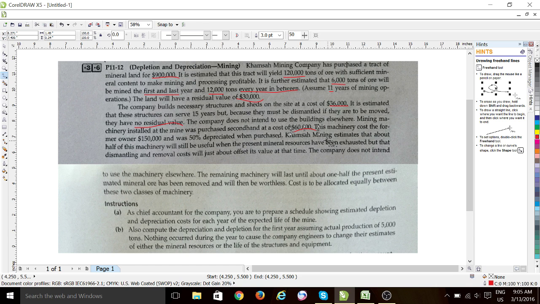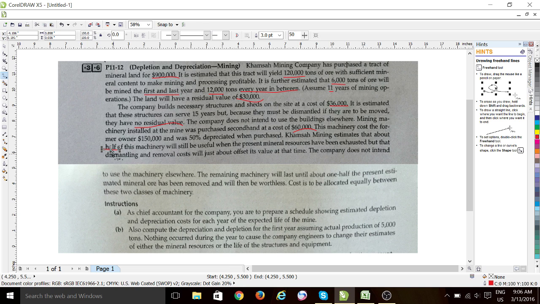And then Kamsa Mining estimates that about half of this machinery will still be useful when the present mineral resources have been exhausted, but that dismantling and removal costs will just about offset its value at that time. And the company does not intend to use the machinery elsewhere.